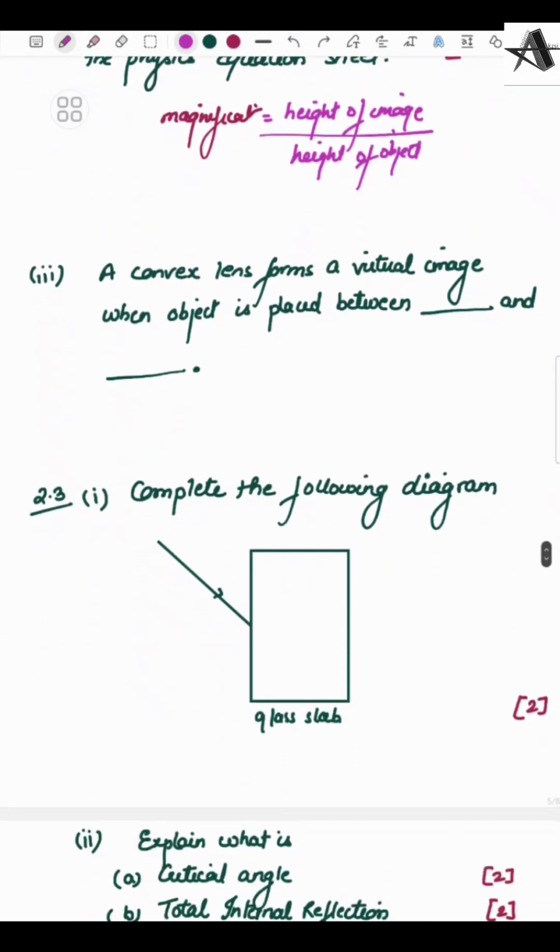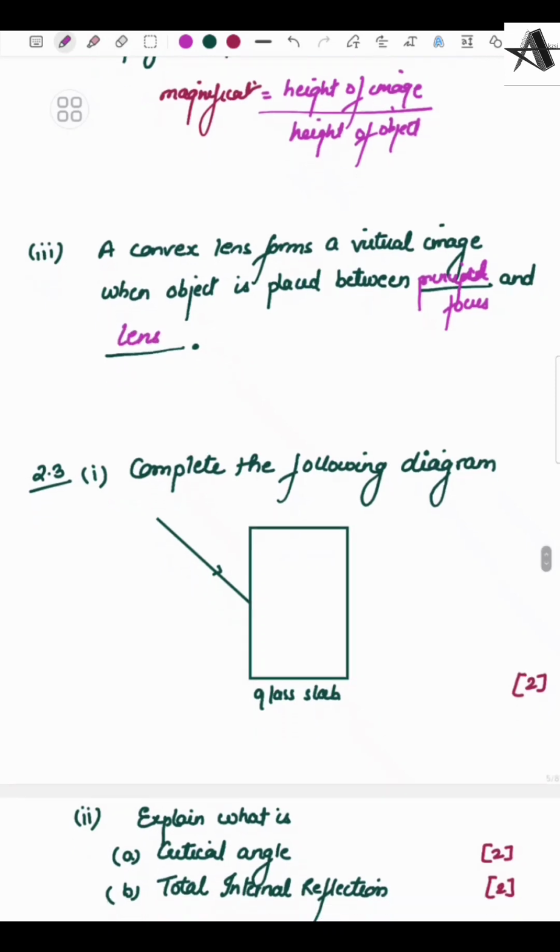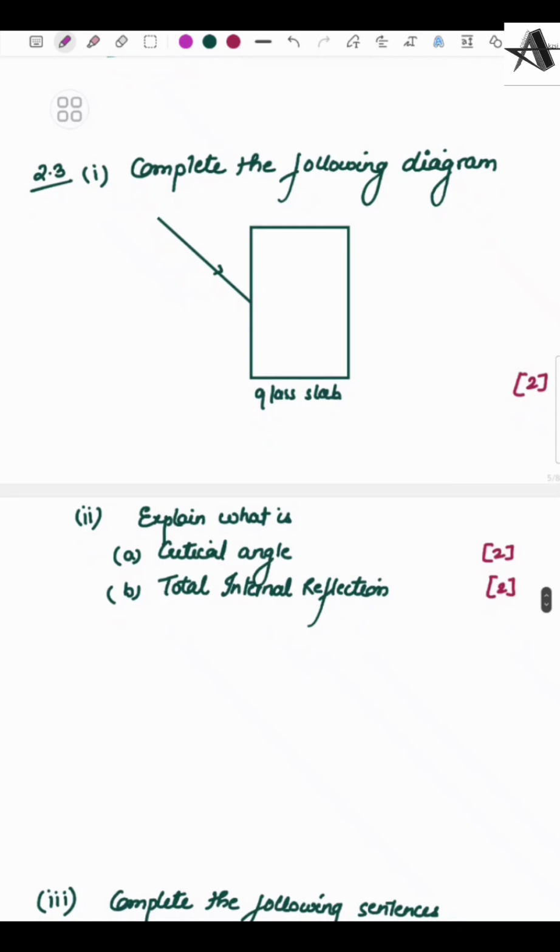So a convex lens forms a virtual image when it's placed between principal focus and optical center. Or if you don't want to write optical center, you can simply write between lens, which would be more appropriate.